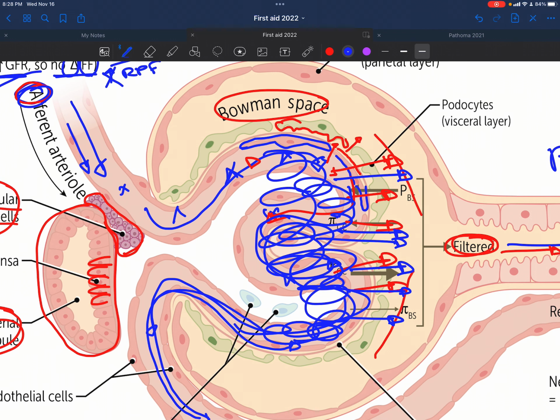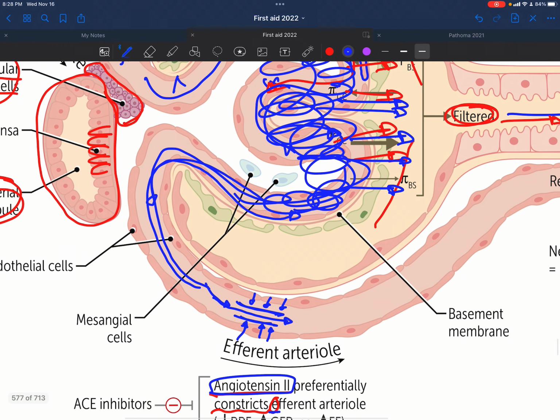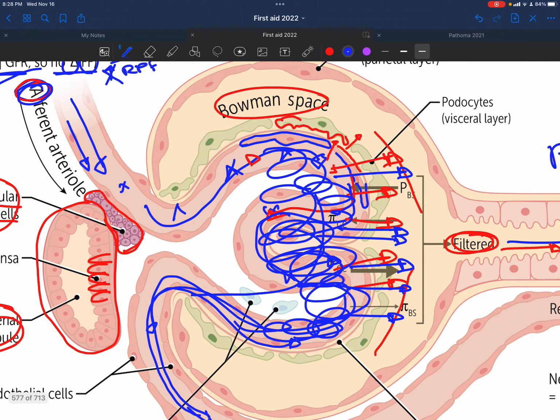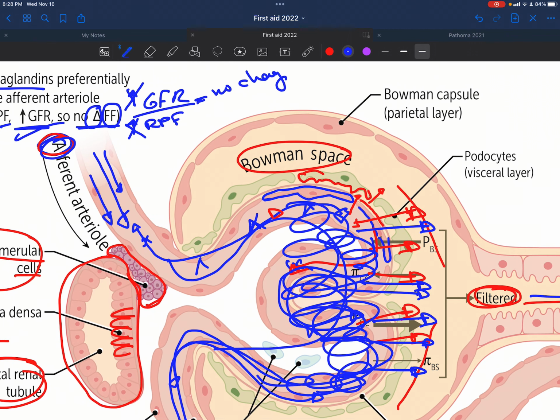What that means is that since it's harder for the blood to leave, the blood backs all the way up to the beginning, and now more blood coming into the glomerulus has a hard time reaching the center of the glomerulus, because there is a lot of blood already there that cannot leave.